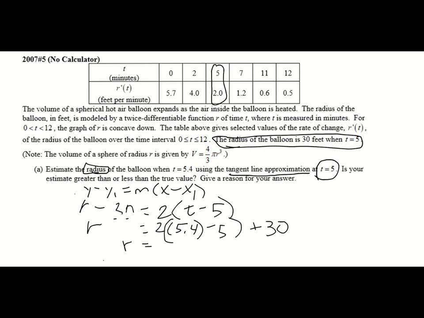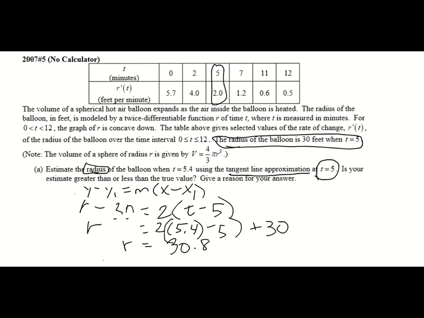Think of that as like 40 cents. Times 2 is 80 cents. Plus 30 is 30.8. And the units would be feet. However, they don't tell you to include units on your answer, so I would not put them down. They will be graded if they are there, and they have to be correct. So there's our approximation for the radius at time 5.4 based on our tangent line approximation.